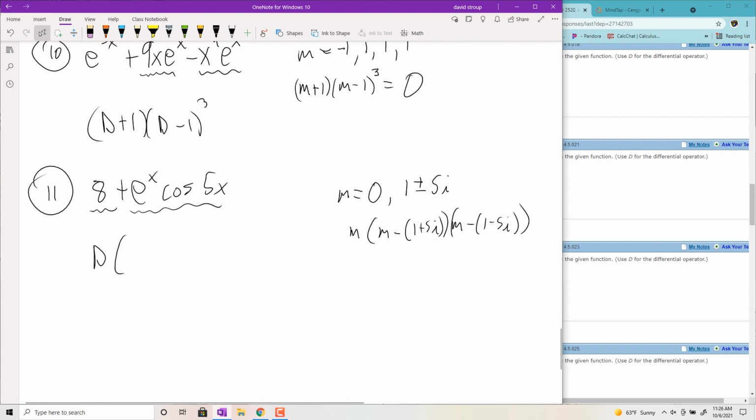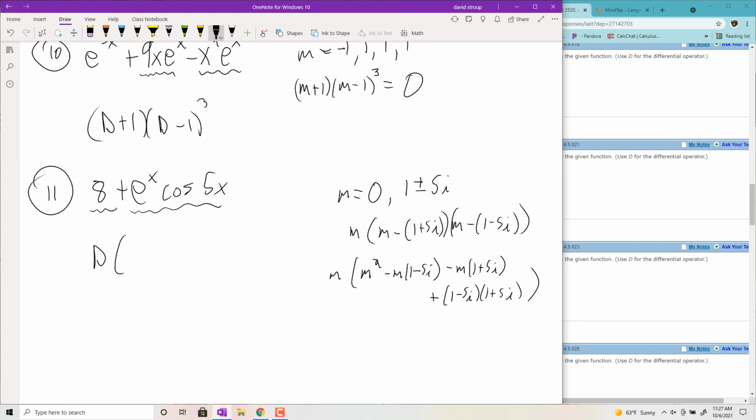It's up to you. But I just do it this way. So I'd have m squared. The first, the outer is going to be minus m times 1 minus 5i. The inner is going to be minus m times 1 plus 5i. And then the last is going to be plus 1 minus 5i times 1 plus 5i.